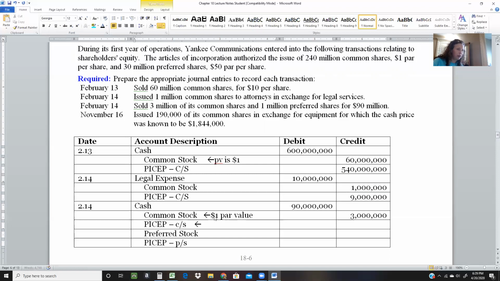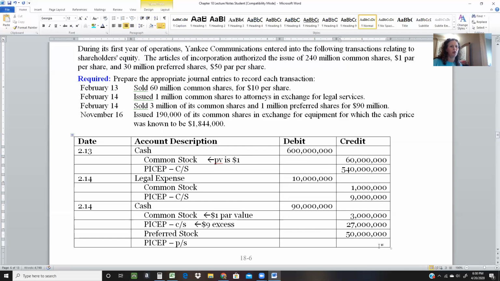But the excess from above was $9 a share, because remember that our common shares were selling for $10 a share yesterday, so that must be the value of our common shares. So here it's 3 million shares at $9 a share, so I'm going to put 27 million there. For preferred stock, it's 1 million shares at $50 per share, so 50 million is going to go in preferred stock.